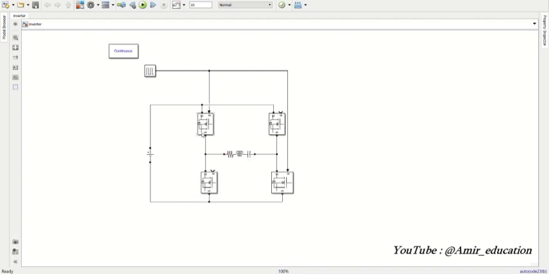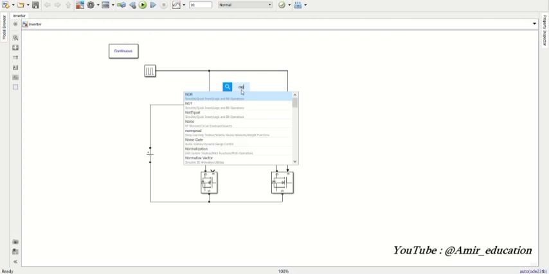And the reason for using freewheel diodes is because we have both inductance and capacitance in our load, and so we should activate these two pairs of MOSFETs when the other two are deactivated, and activate these two others while the other two MOSFETs are deactivated. So we need a NOT gate.